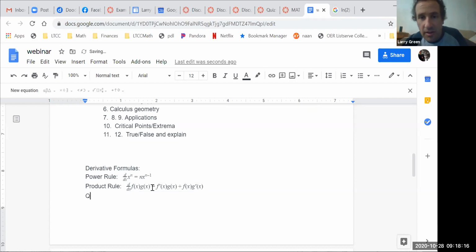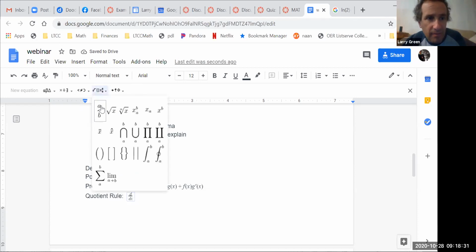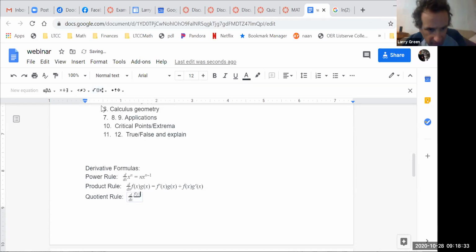Then there was the quotient rule. Okay, and the quotient rule was the derivative of f of x over g of x, and I always remember it from the poem, low d high minus high d low, square the bottom and away you go.